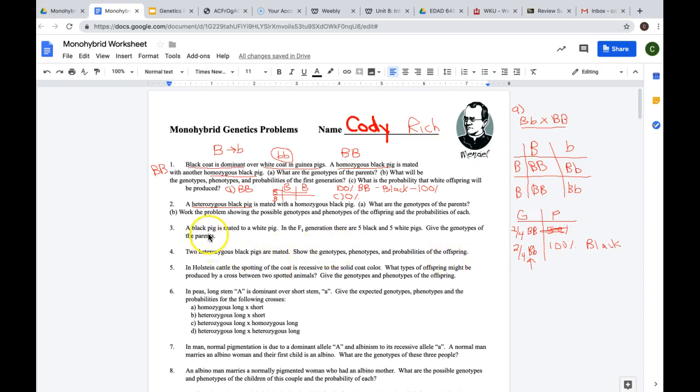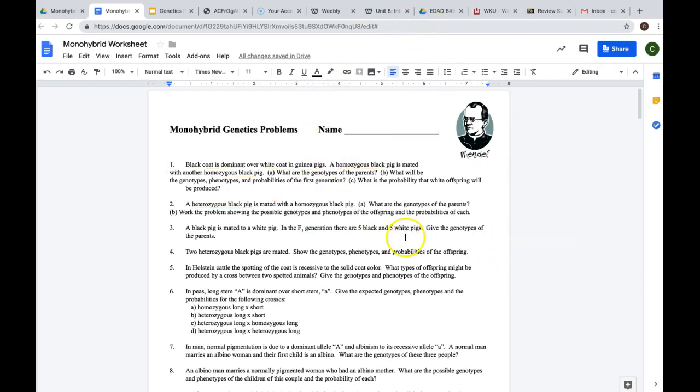Okay, so now we're moving on to a black pig is mated with a white pig. The F1 generation, there are 5 black and 5 white pigs. First off, let me erase this stuff. We know that if it's a white pig, it has to be little b, little b. It's the only way it can be white.